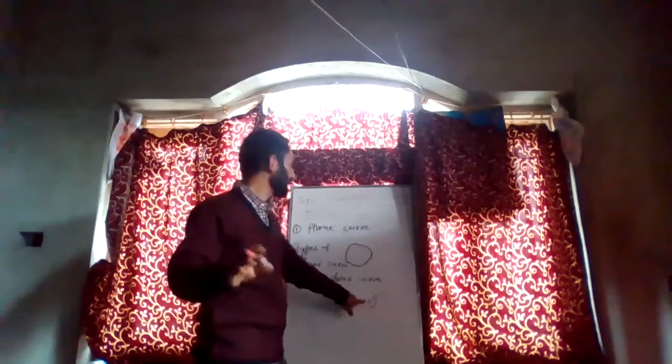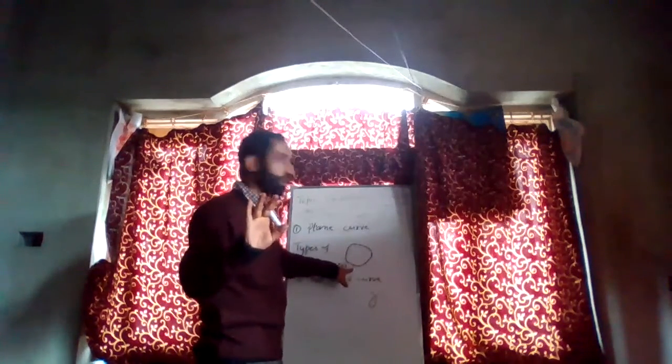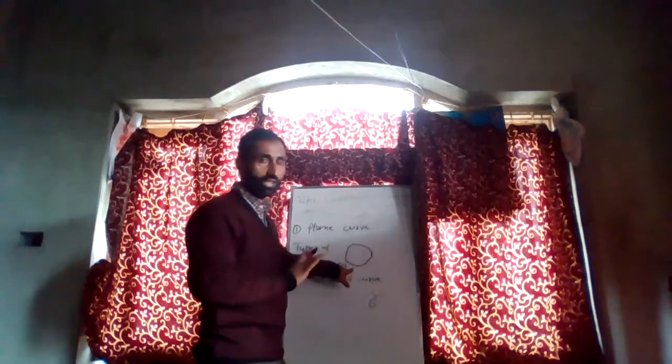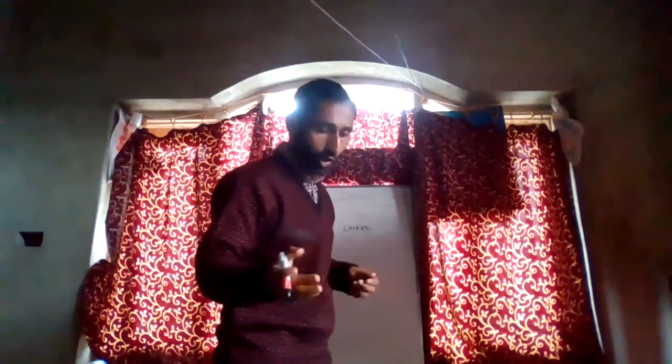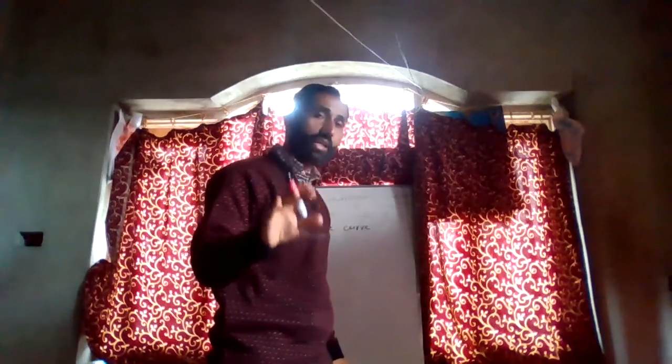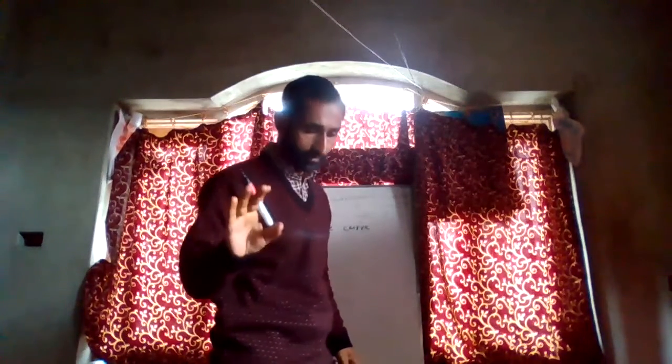So, dear students, you must understand these points before understanding the quadrilaterals. Now, point second. This is plane curve, as I already told you, and we get a plane curve by joining a number of points without lifting the pencil.